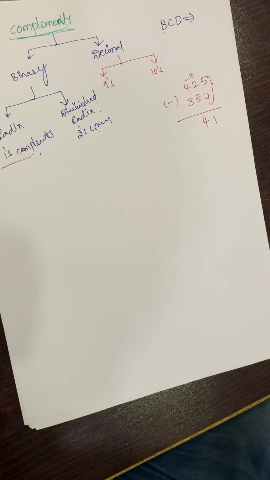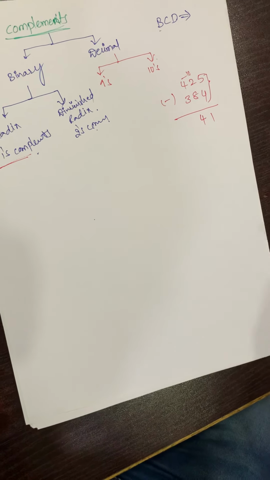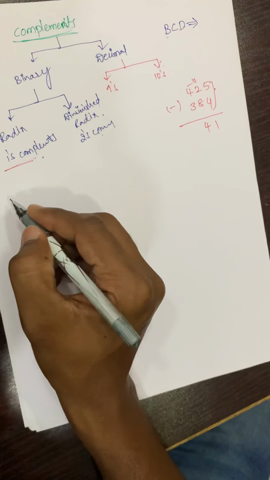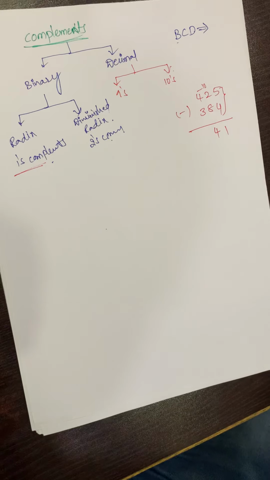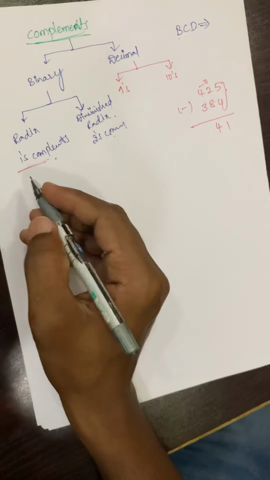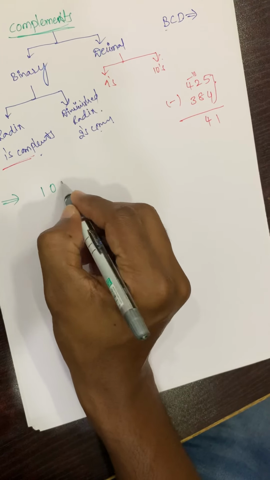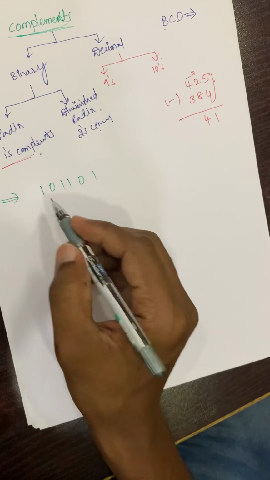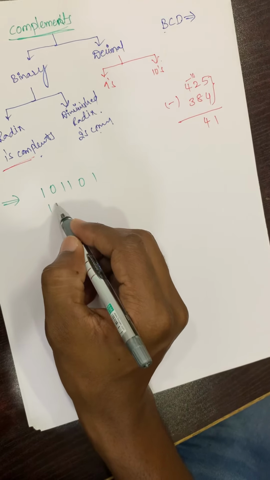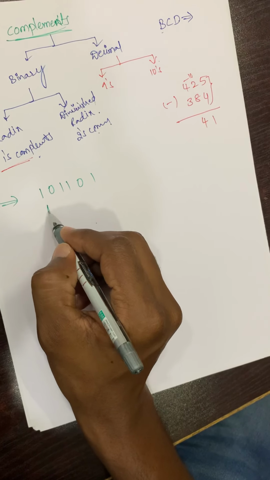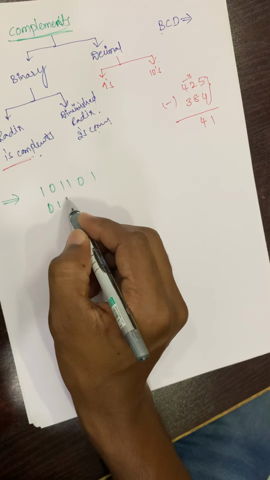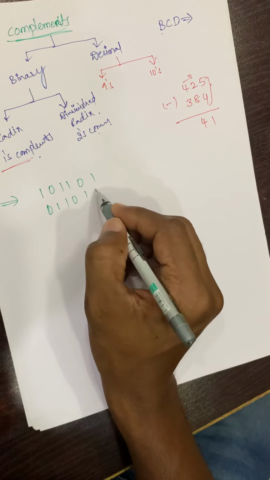Suppose in the case of binary numbers, how do we subtract? Let me consider the binary numbers 1 0 1 1 0 1 and 0 1 1 0 1 0.